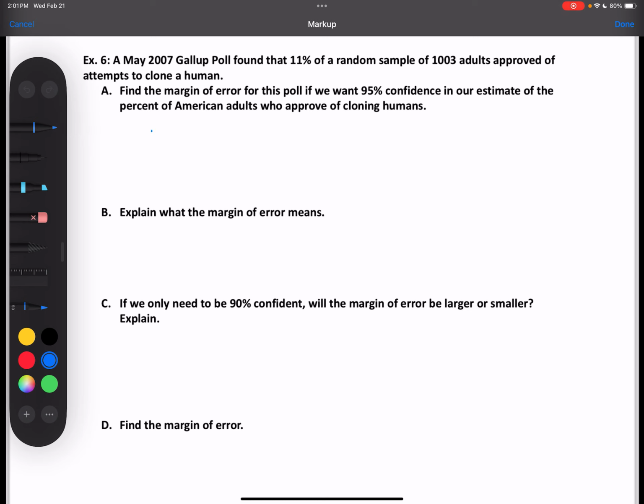All right, so margin of error is equal to Z star times the square root of P hat Q hat over N. What's the Z star for 95%? 1.96. So 1.96 times the square root of 0.11 times 0.89 divided by 1,003.